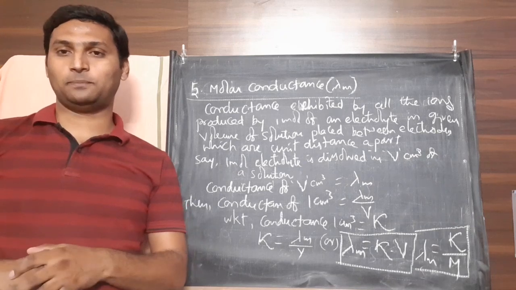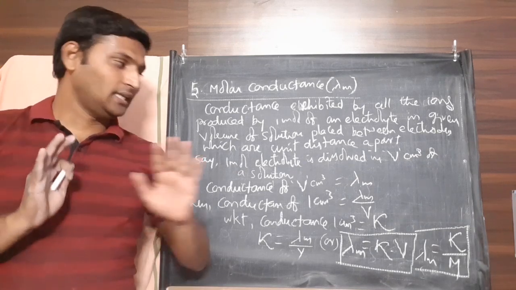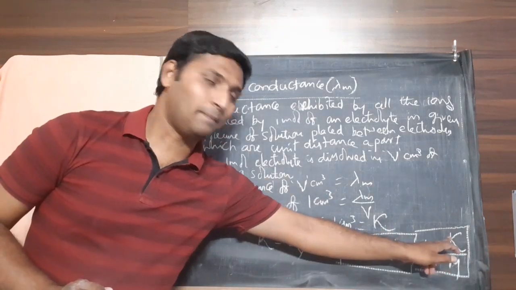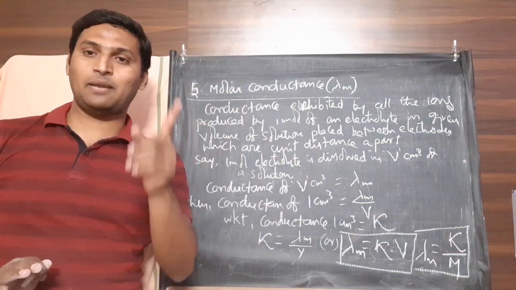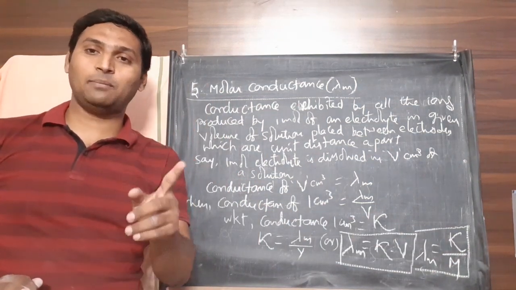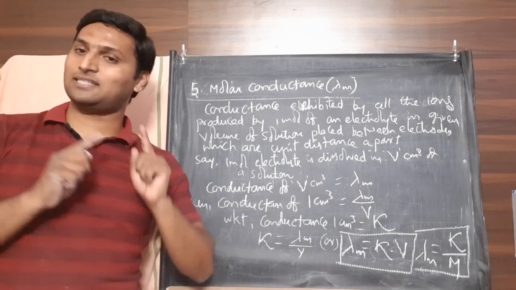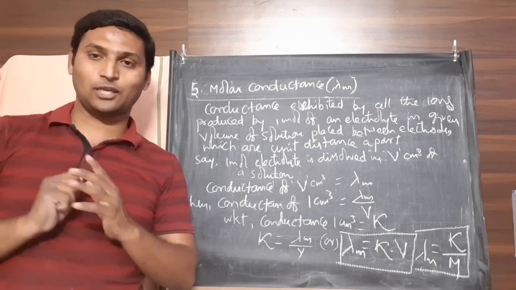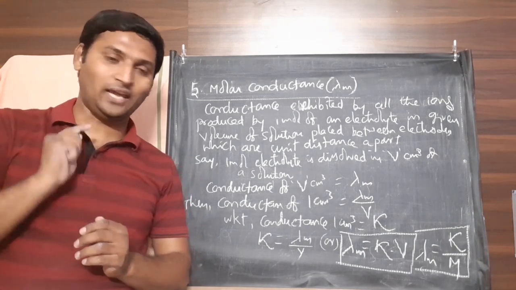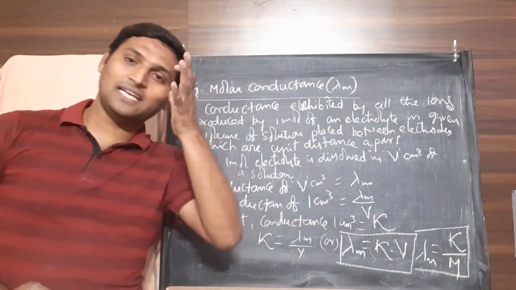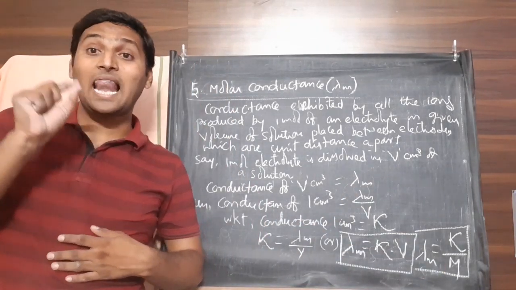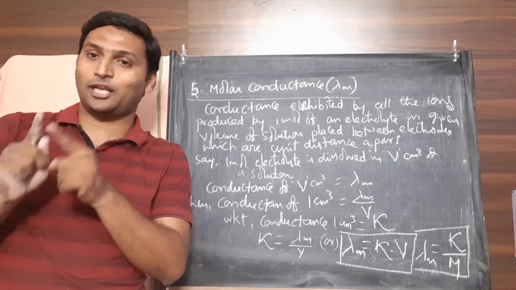Now there is a problem. Kappa is expressed either in Siemens per centimeter or Siemens per meter. Centimeter is the CGS unit, meter is the SI unit. Whereas molarity is moles per liter, which is decimeter cube.